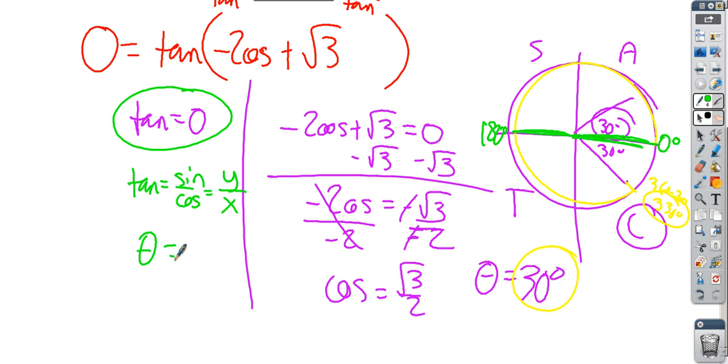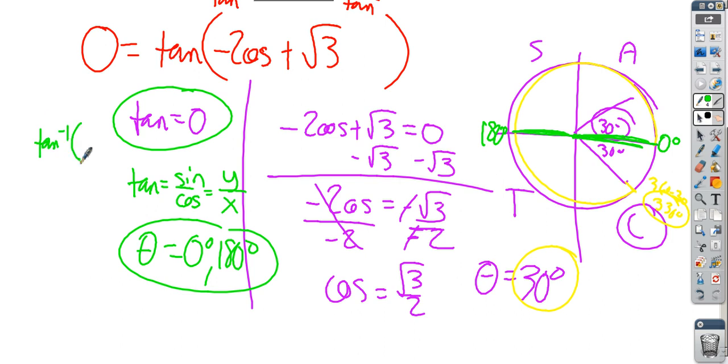Okay, if you're not sure what that means, or that explanation wasn't clear, then an easier way to do this is just in your calculator do inverse tan of 0, and you get at least one of those angles right there. And I'm just trying to recall if inverse tan is going to give you the other one. Let's check that right now. It's slipping my mind how some of these calculators are programmed.